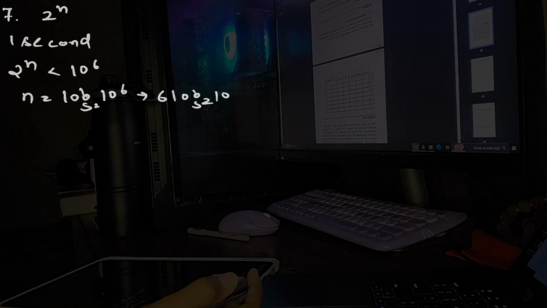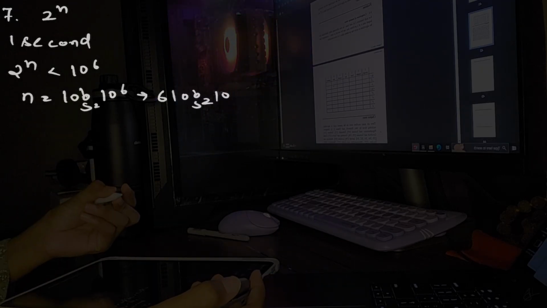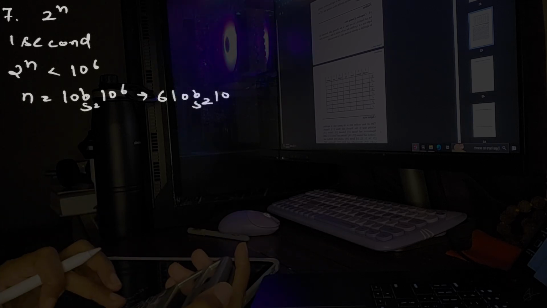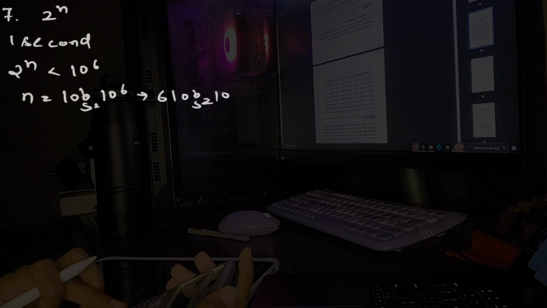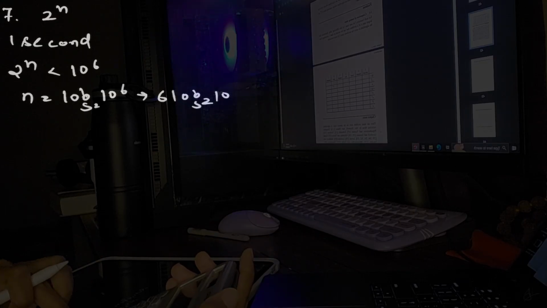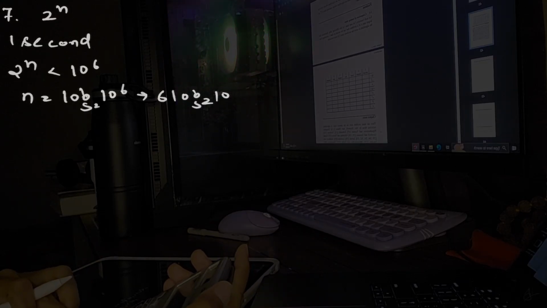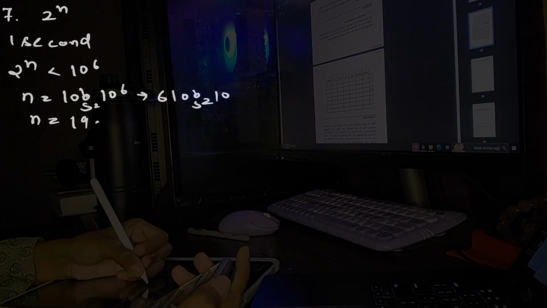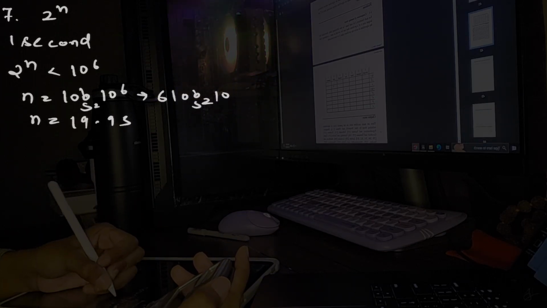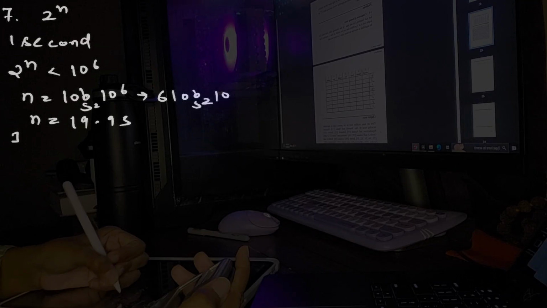Log 10 is log 10 divided by log 2, 3.32 multiplied by 6. So here n would be 19.93, just for 1 second.